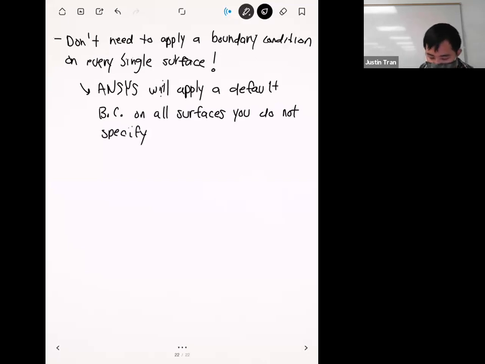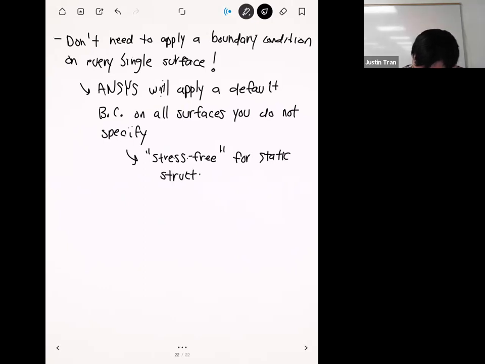Okay. And that default boundary condition, of course, depends on the equations that you're solving. But for a structural simulation, the default boundary condition is going to be stress-free. Okay. And so all the stress-free boundary condition means is that there's going to be no external constraint or no external load being applied there.